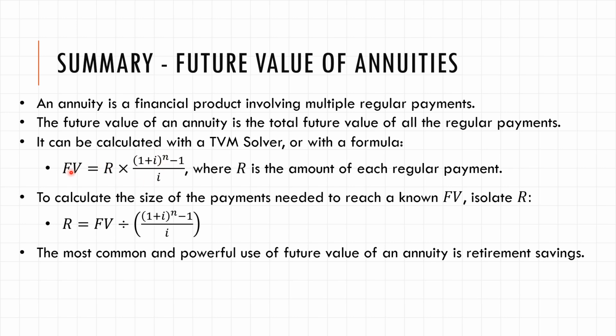And then if we divided the other side, we'd get FV divided by that expression. That gives you the size of the regular payment that you need to make in order to reach that future value. This is the most common and powerful way of saving for your retirement. And the most powerful use of this, therefore, is to calculate your retirement savings.